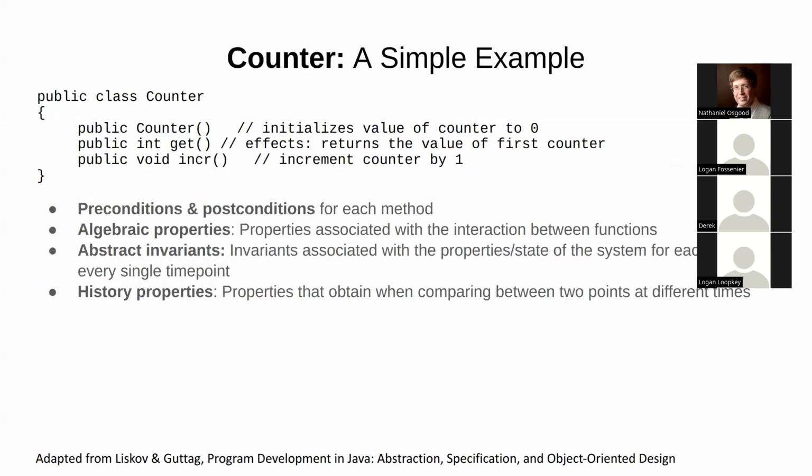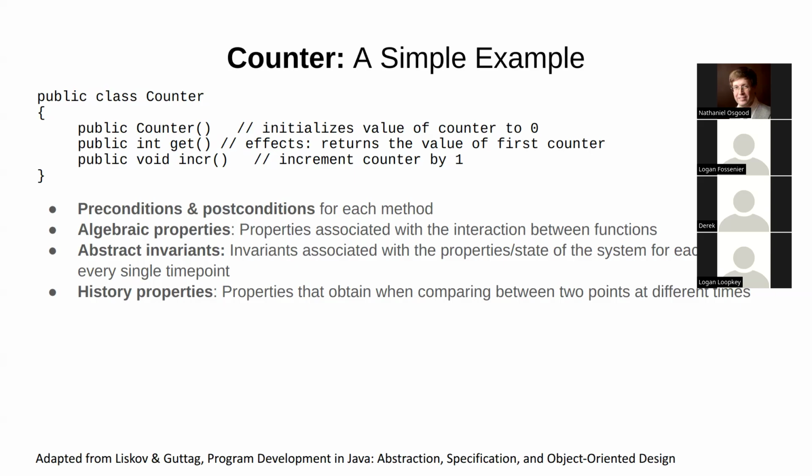Okay. Now, the other thing I want to talk about is a new concept, and we're going to be going through each of these for successive examples: history properties. I want to contrast these to abstract invariants. Abstract invariants are properties that hold at any one time, at any time you pick them. We're focusing on any single time point.